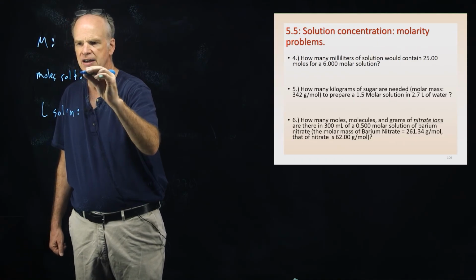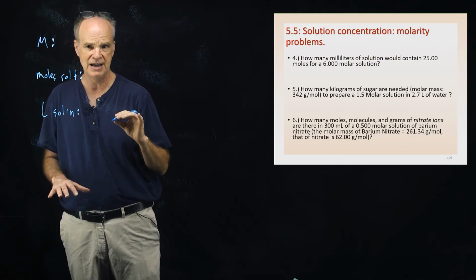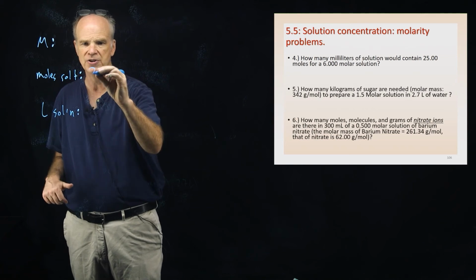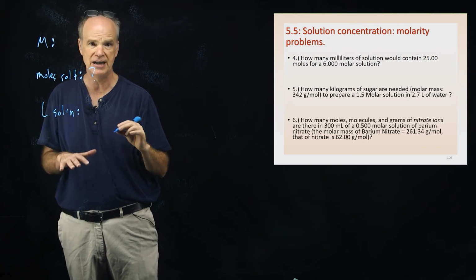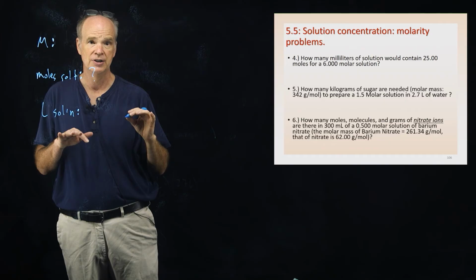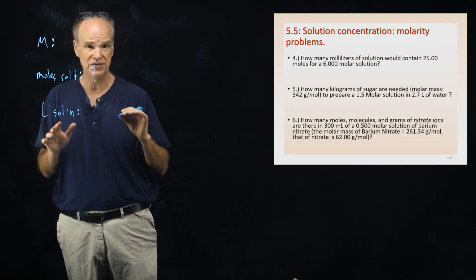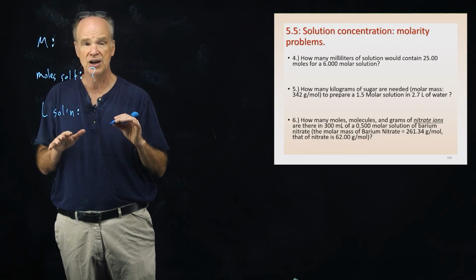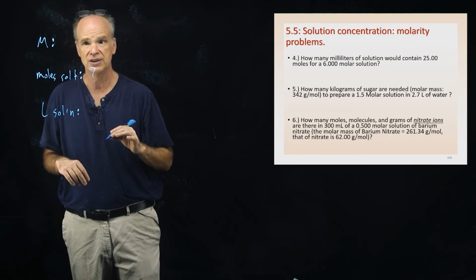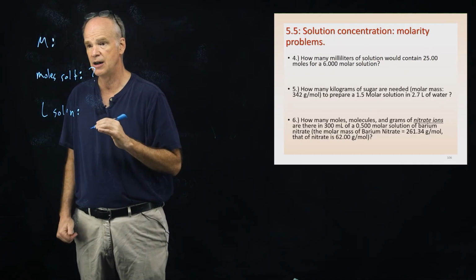So it looks like one of the things we're going to probably have to find is the moles of solute, but that won't be enough. We'll have to find out the number of molecules of nitrate in this case. It's not barium nitrate, it's nitrate, so that's something we have to keep in mind. And we also have to find the grams of nitrate. So that's going to be a little bit of a complicated problem.